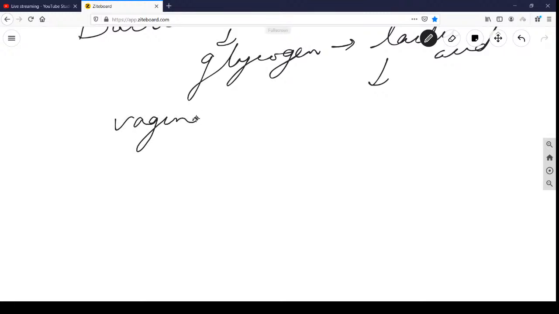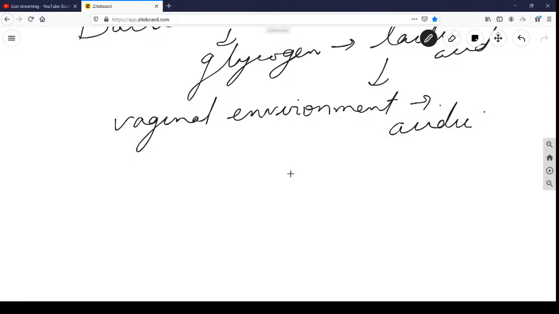The lactic acid is produced by bacteria that metabolize the molecule glycogen, and the acidity is perpetuated by the lactic acid's presence. Now, this acidic condition would retard yeast, that is, fungal infection.